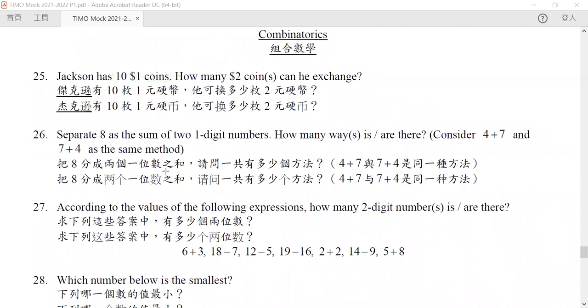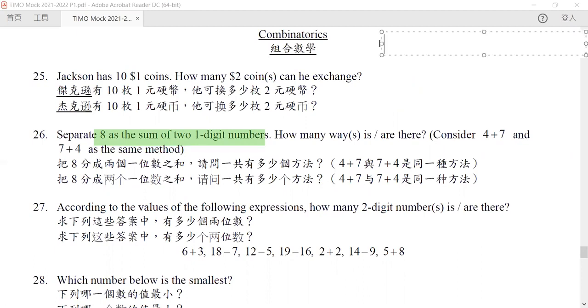So let's look at question number 26. We want to separate 8 as the sum of two one-digit numbers. So again, how many ways are there? We can immediately count it by hand, right?